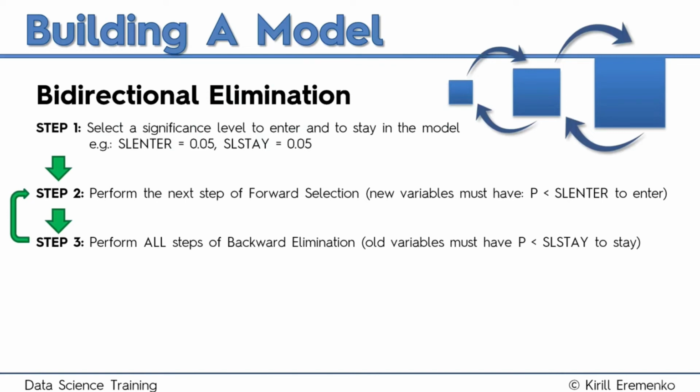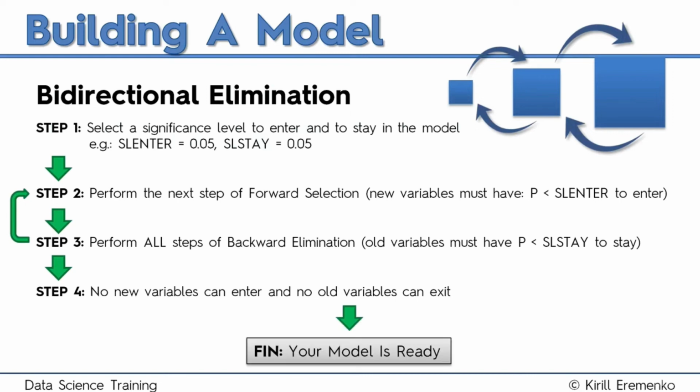And so this is a very iterative process. You keep doing that until at some point you cannot add new variables, no variables can enter, or no old variables can exit. And as soon as you get there, you proceed to the finish because your model is ready. You can't add anything, you can't take anything out. That means you've created the model. So this is one of the more tedious methods.